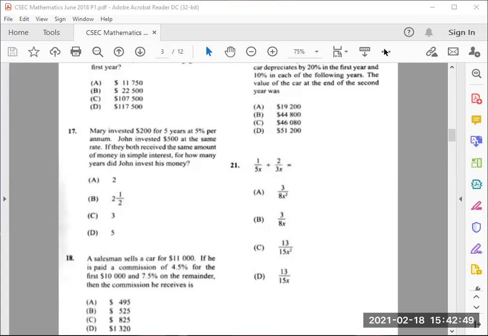So 200 times 5 times 5 equals 500 times x, which is time, multiplied by 5.